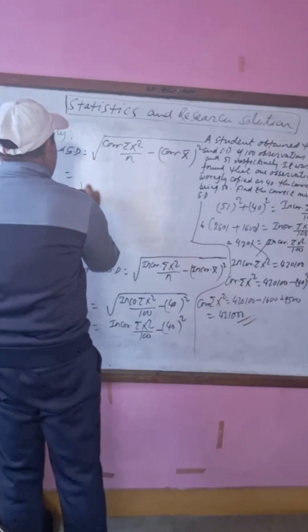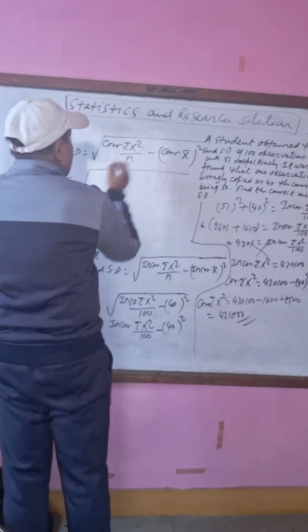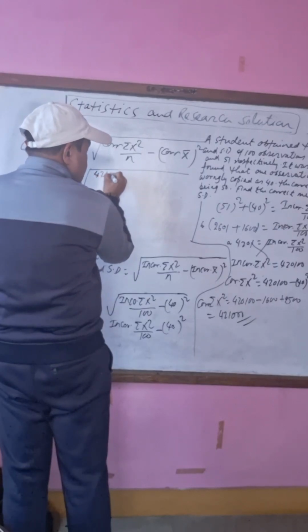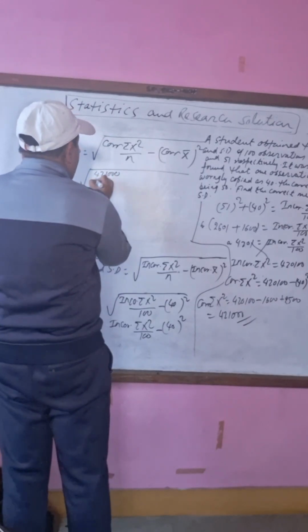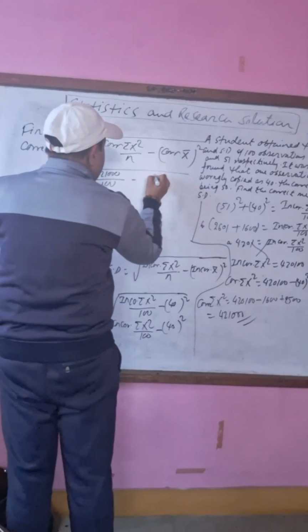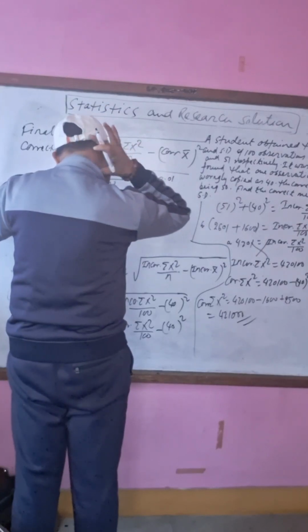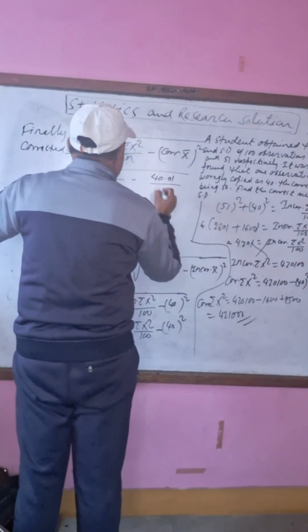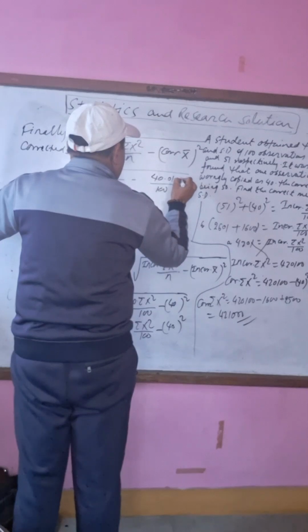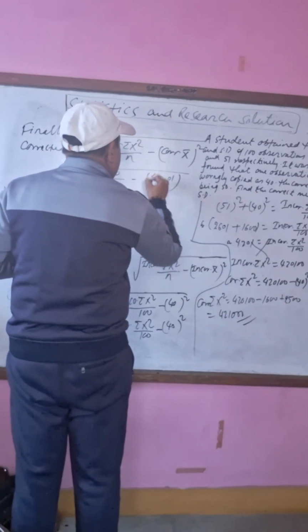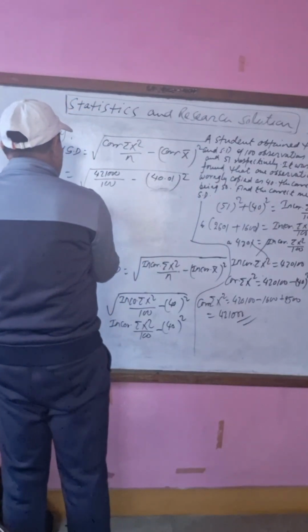Now put the value. Corrected summation x square, that is 421000. N is 100, minus this one is 40.01, 40.01 whole square. Now what will be the value?